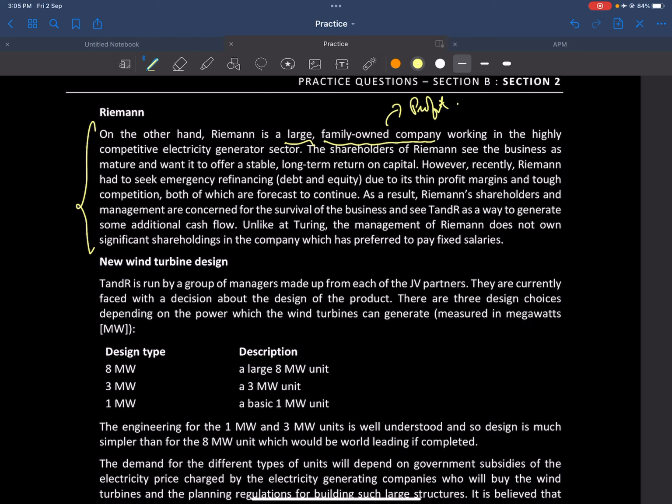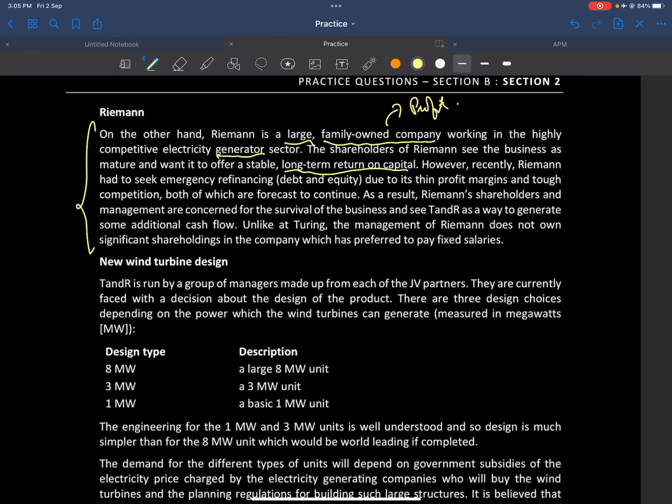They work in the highly competitive electricity generator sector. The shareholders of Raymond see the business as mature and want it to offer a long-term return on capital. So they want a long-term return.